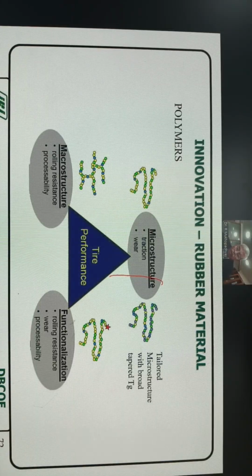For that polymer, again, you require three types: microstructure related to traction and wear, or functionalization, rolling resistance, wear and processability, and macrostructure, that is rolling resistance, where molecular weight, molecular weight distribution, functionalization and control of Tg play a very important role.